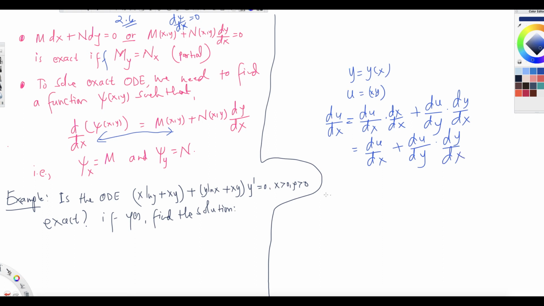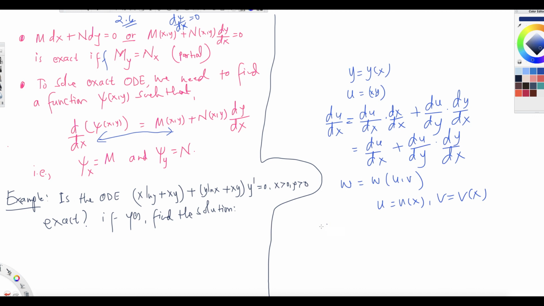Another example I can give you here is, let us say that w is a function of u and v, where u is a function of x and v is a function of x, meaning that w depends on u and v, where u depends on x and v depends on x.